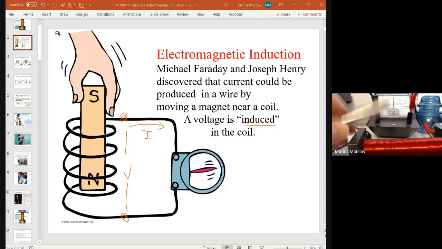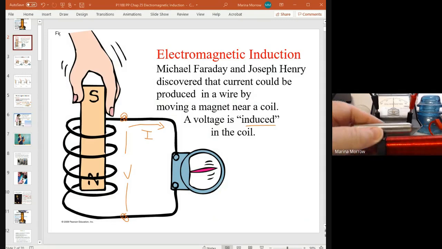Let me see. Oh, I was going to talk about this magnet. This is called a cow magnet, and the cow magnet is very smooth because they make cows swallow them, but it's very nice and powerful. Here's another one. So the cow magnets are smooth, the cows swallow them.